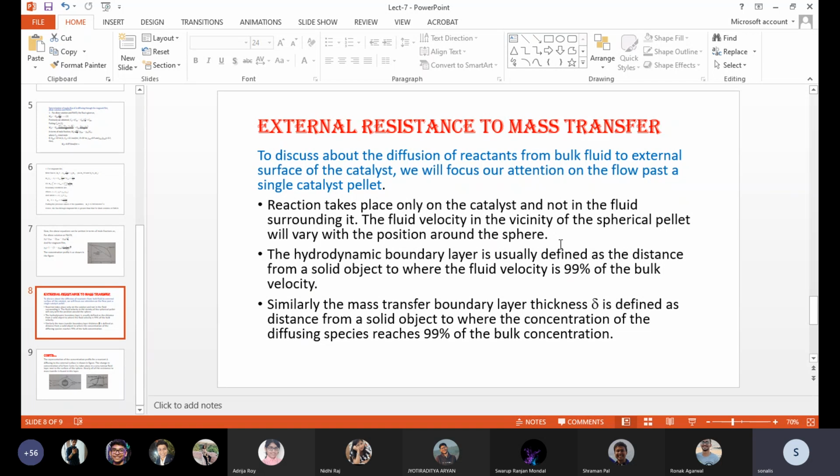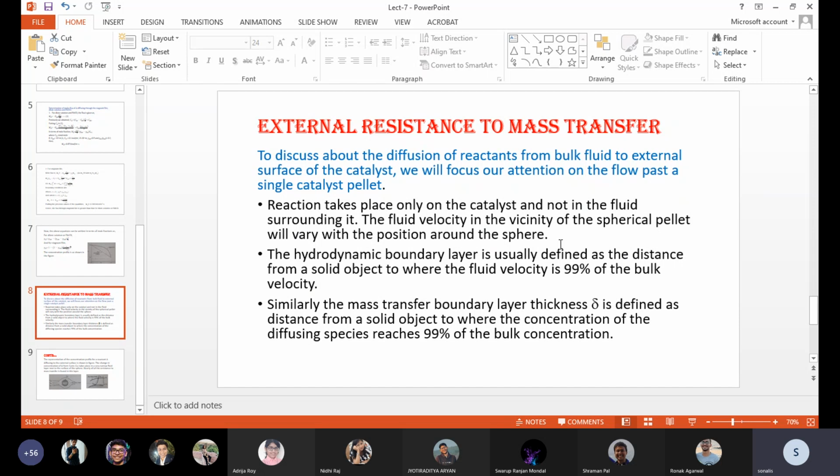The hydrodynamic boundary layer is usually defined as the distance from a solid object to where fluid velocity is 99% of the bulk velocity. That means it is considered that on the surface of the catalyst pellet the concentration is lowest, and as you go in the opposite direction, from the catalyst surface towards the bulk, the concentration increases through the boundary layer, as it is there in fluid dynamics.